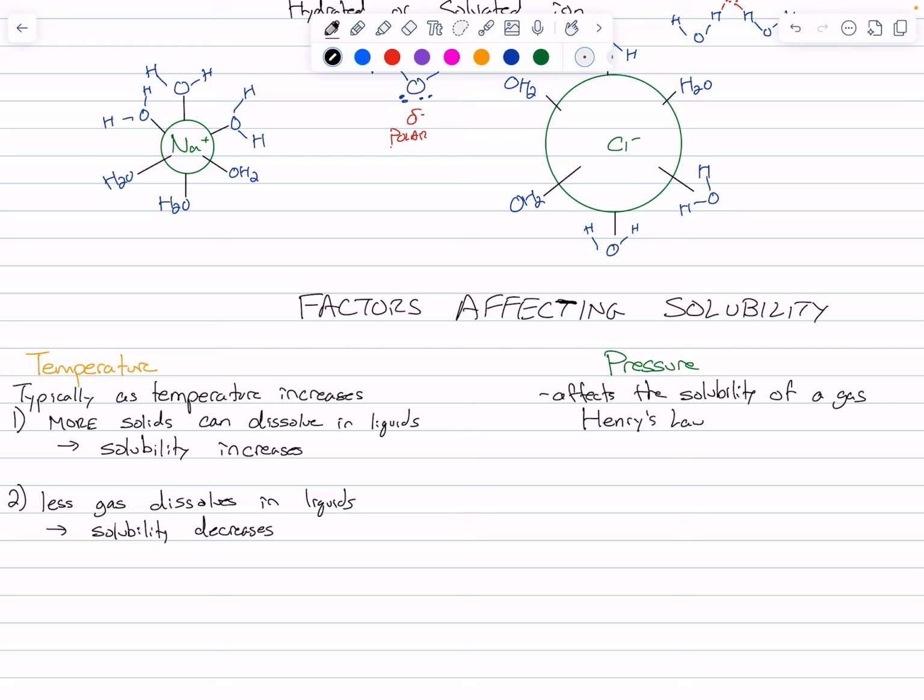Henry's law is, as the pressure of a gas above a liquid increases, the solubility of the gas in the liquid increases.